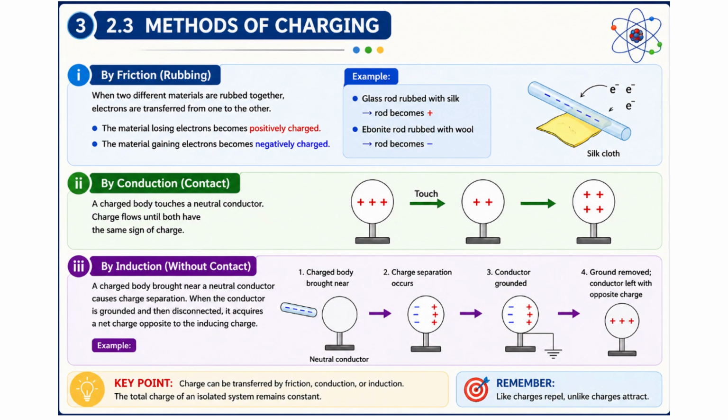Because some electrons escaped to the ground, the sphere now has a permanent deficit of electrons. That is why the final sphere is left with a net positive charge. And you can notice that in conduction, the sphere got the same sign of charge as the rod. In induction, the sphere ended up with the opposite charge of the rod.